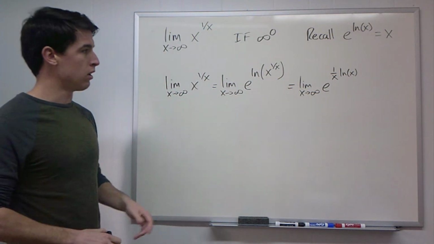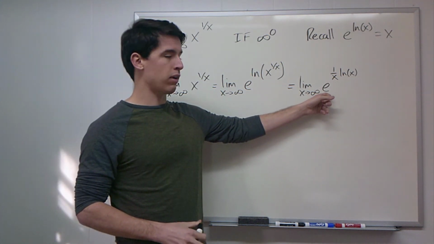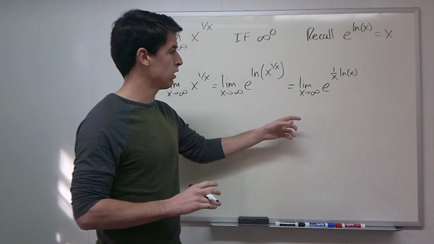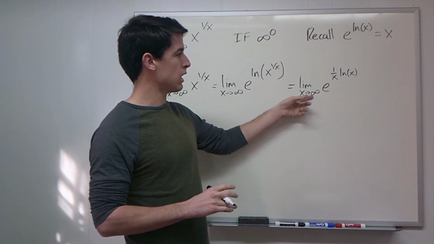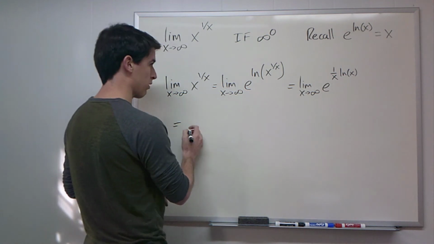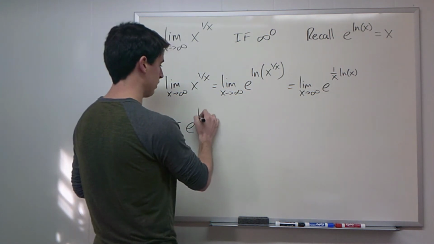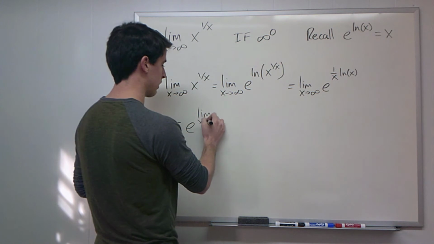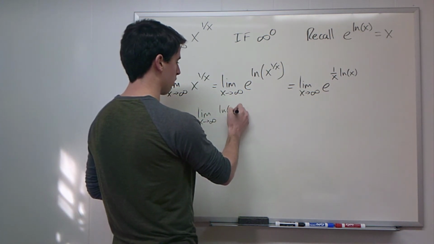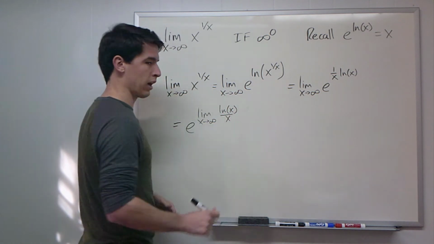And now I know that if I think of the function e to the x, that's a continuous function. So I can bring my limit into the exponent. So I have e to the limit as x goes to infinity of natural log of x over x.